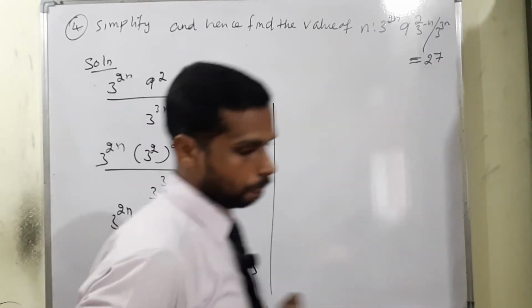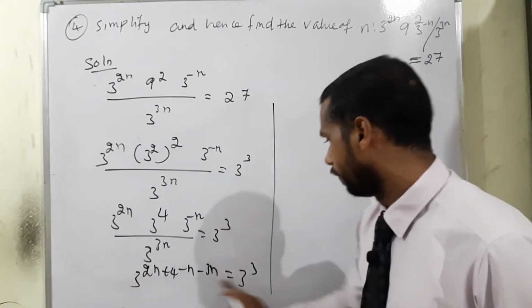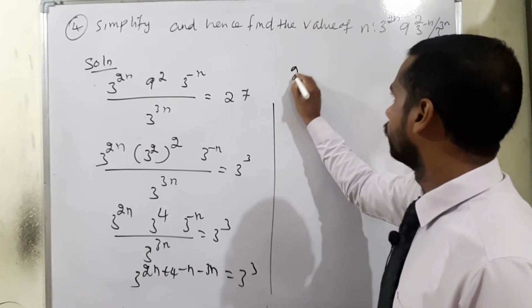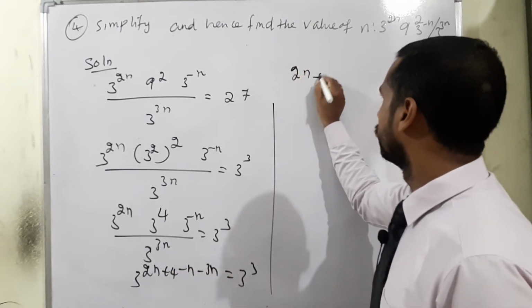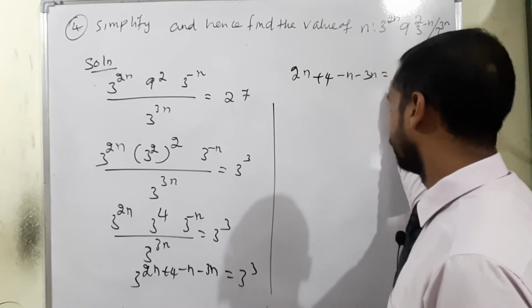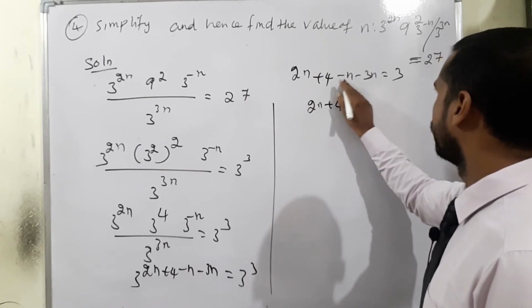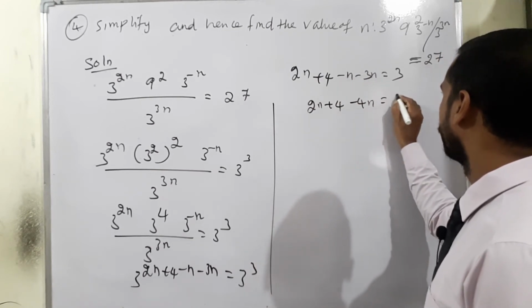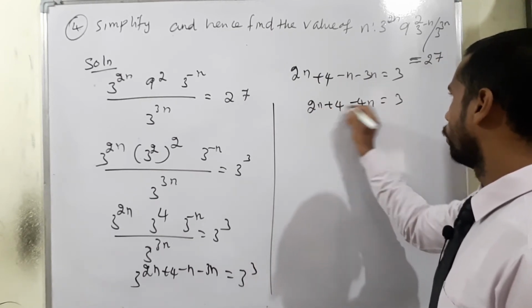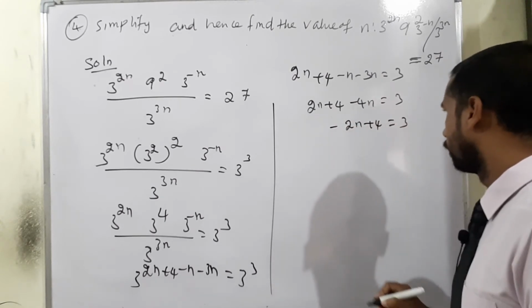Next step. The base will be the same, so equating the powers only. What will happen? 2n plus 4 minus n minus 3n is equal to 3. So 2n plus 4 minus n minus 3n, that is minus 4n... so 2n minus 4n, minus 2n plus 4 is equal to 3.